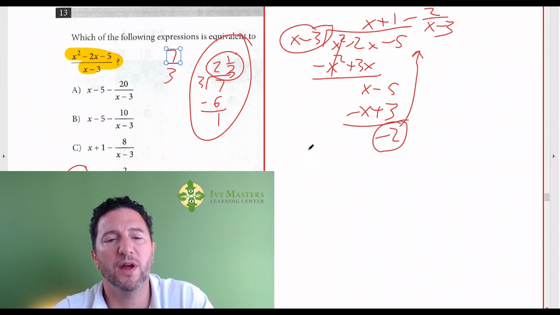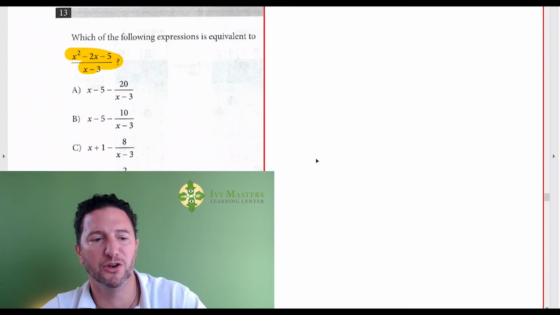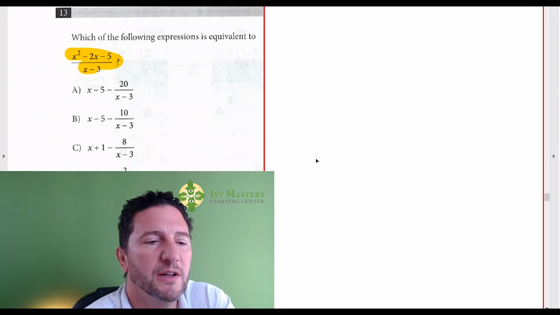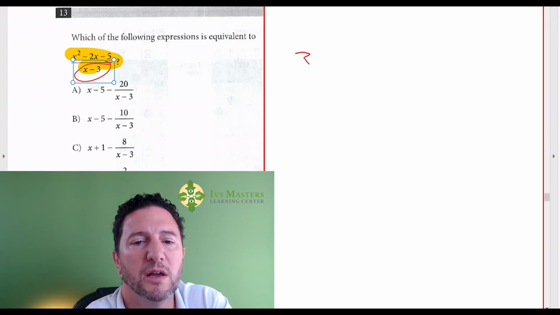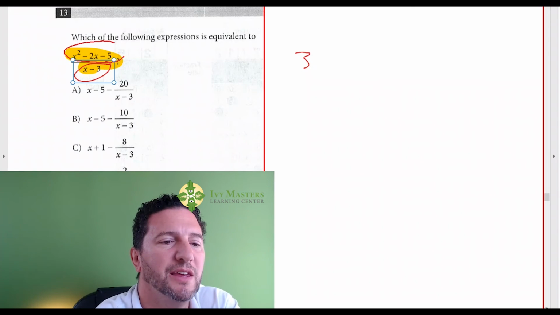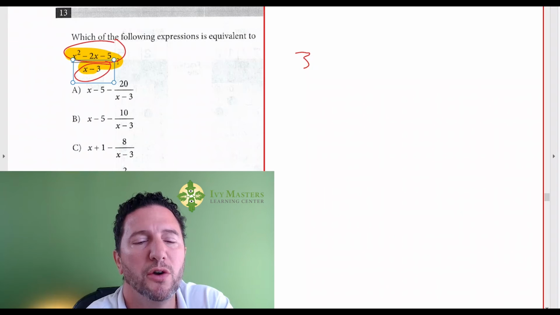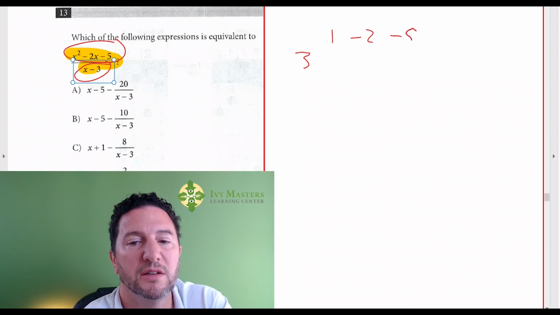There's one more variation that you can do here, which is synthetic division. Since the bottom is x minus 3, I could put a positive 3 up here, and then put the coefficients over here. The coefficient of x squared is 1, the coefficient of x is negative 2, and then your constant is negative 5.